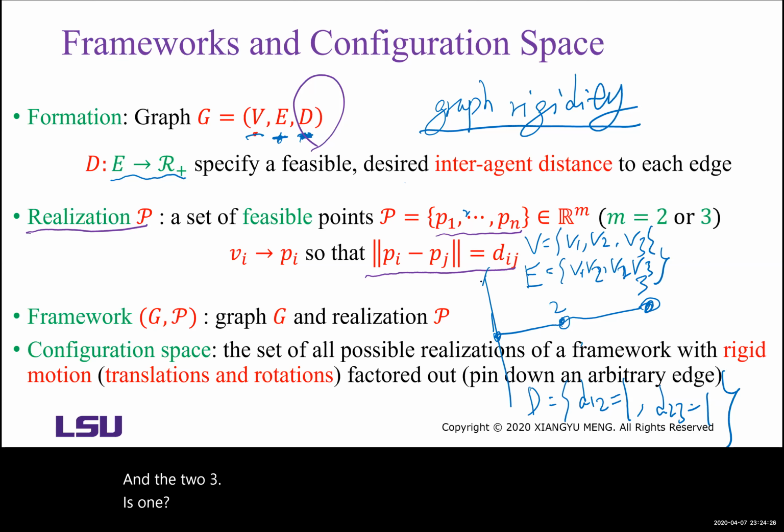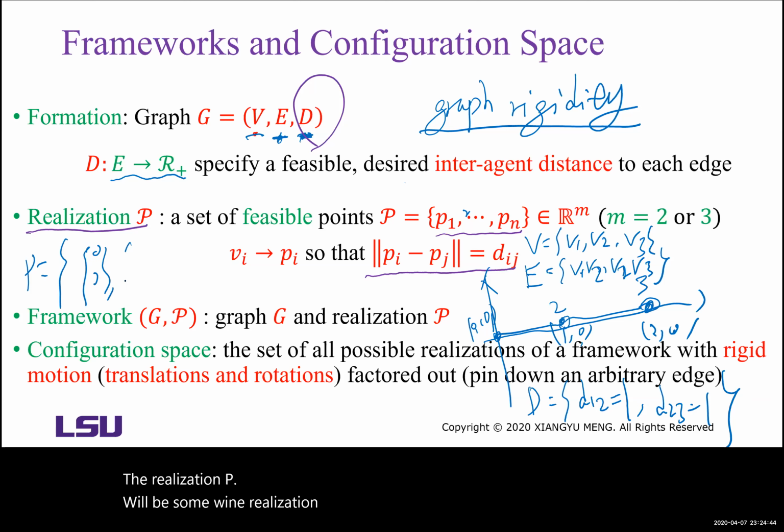Let's pick this as 0, 0, this 1, 0, and 2, 0. Then the realization P will be one realization: 0, 0, then 1, 0, and 2, 0.